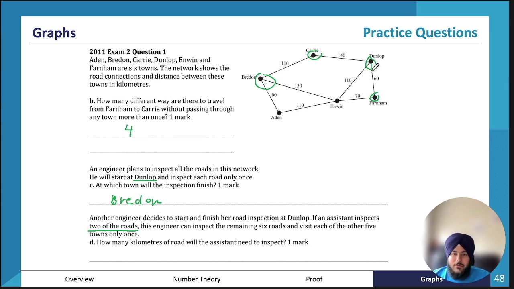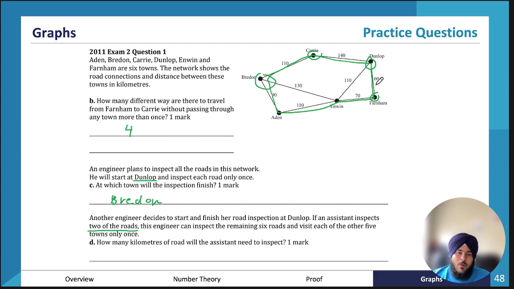Well, we can go like this, like this, like this, and this. So what is that? 1, 2, 3, 4, 5, 6 roads. That's probably the only way in which we can do this. Otherwise, we can do it like this. 1, 2, 3, 4, 5.